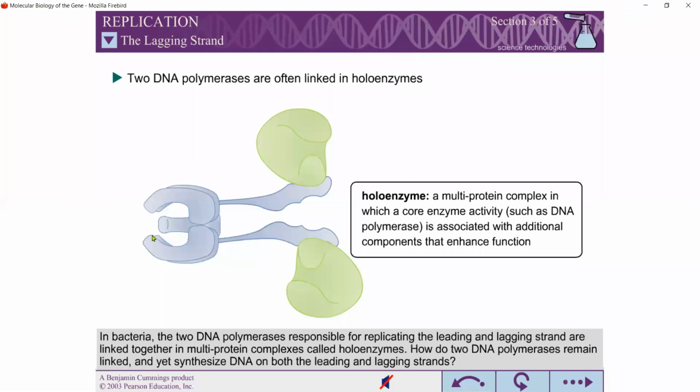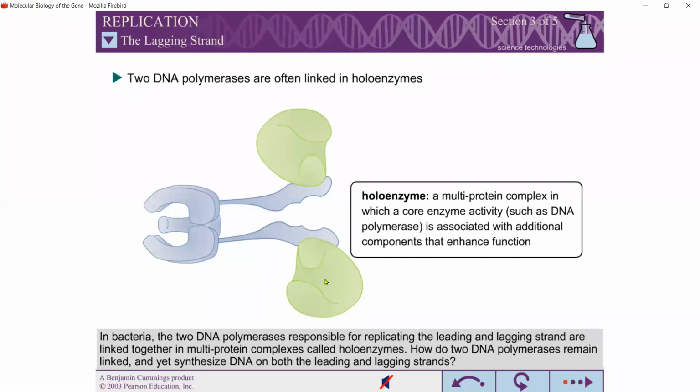Hence it is known as the clamp loader. It helps in loading the clamp. The two polymerases are held together by the tau protein so that they do not roam away at their free will. They are kept together at the replication fork, where one DNA is being synthesized in one direction and the other exactly in the opposite direction.